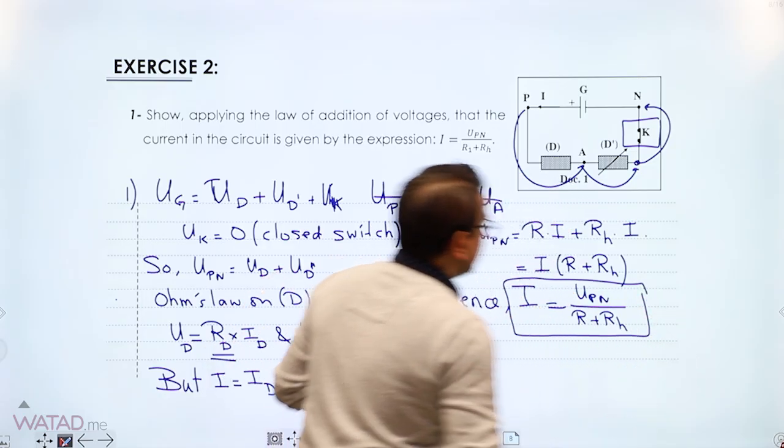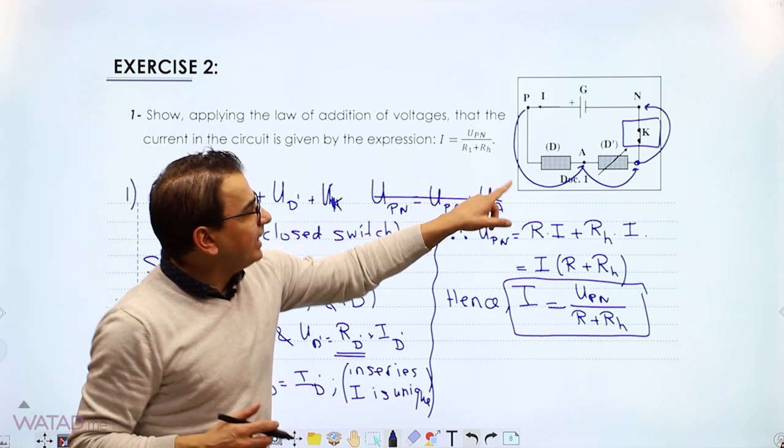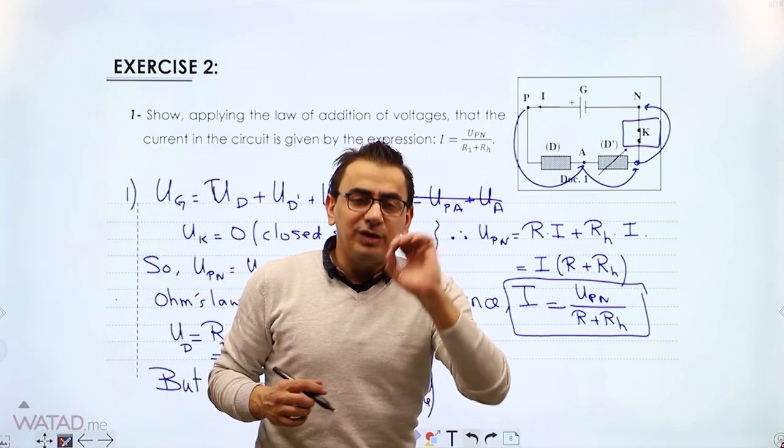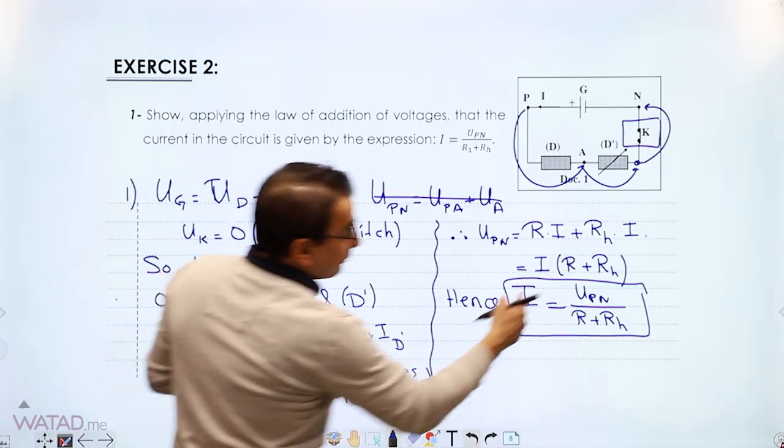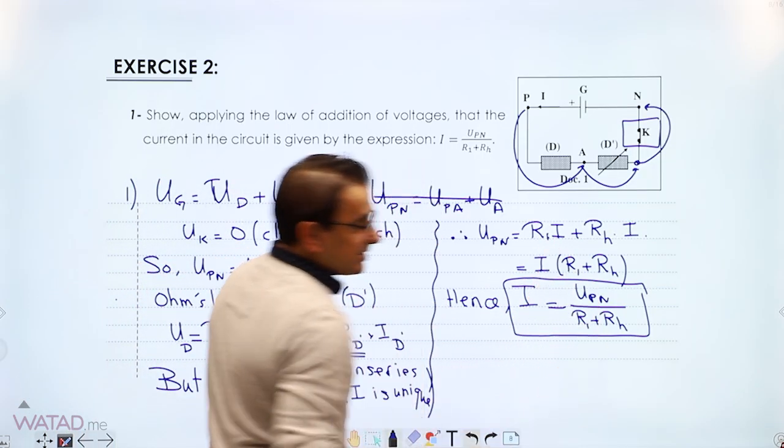And voila, this is what we need to calculate, right? D is given to be of resistance R1, so instead of R, I will write R1 here, okay, and I have the same result.